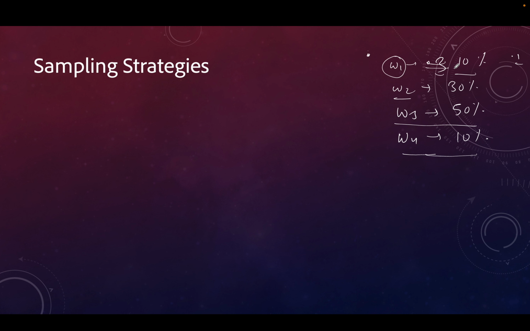So these probabilities denote which is the most likely word after a given set of words. So we have some words and we are trying to predict at this position. So these are the most probable words. W1 is likely to occur with a probability of 0.1.